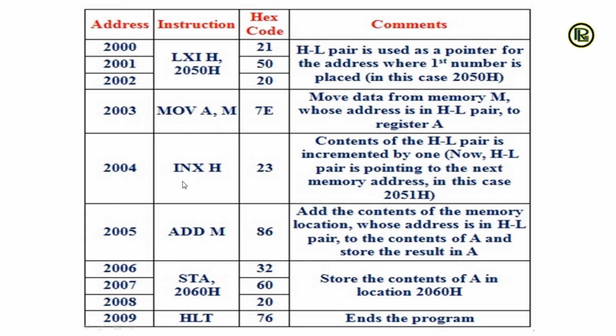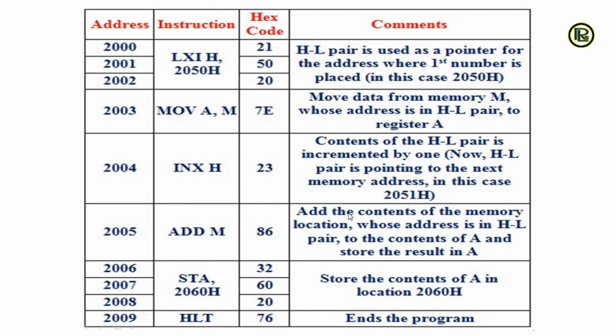Then I have INX. INX is for increasing the value of the HL pair. The contents of the HL pair are incremented by 1. The HL pair is pointing to the next memory address, in this case 2051. The increment of the HL pair is indicated by this instruction, INX H. Then like before we add and store the data.